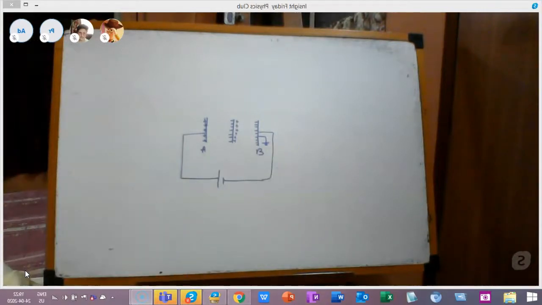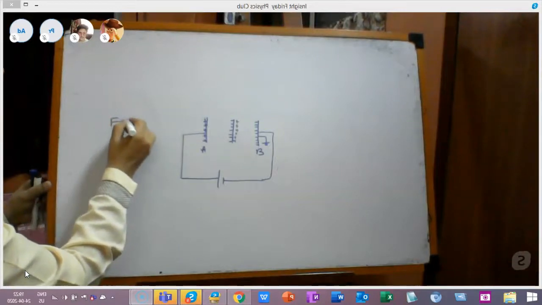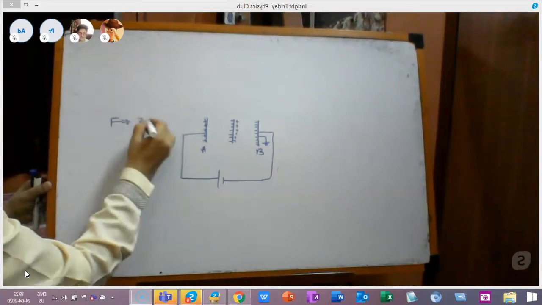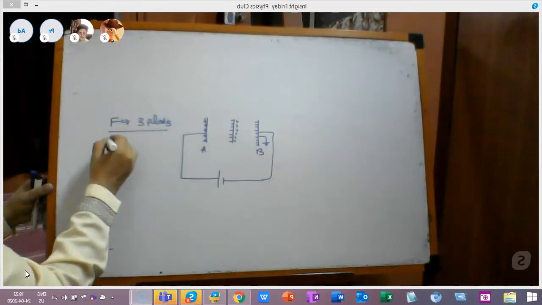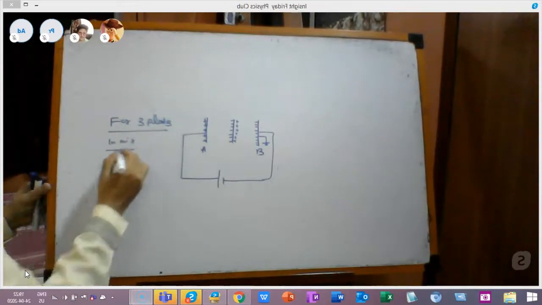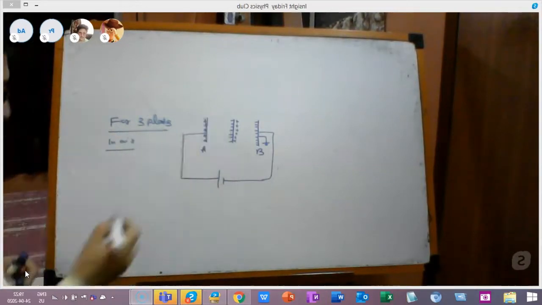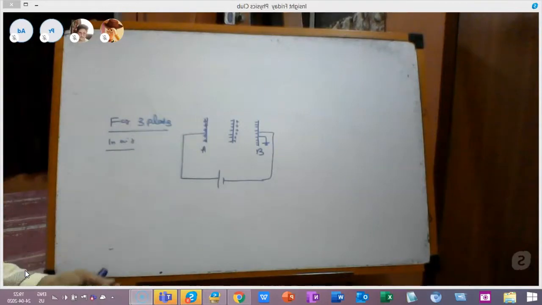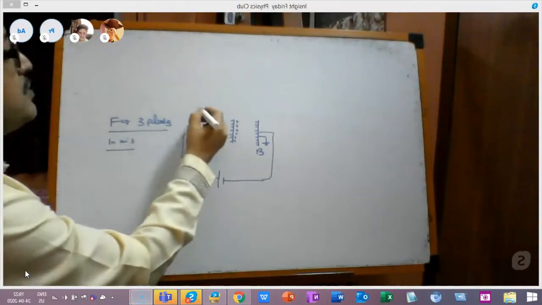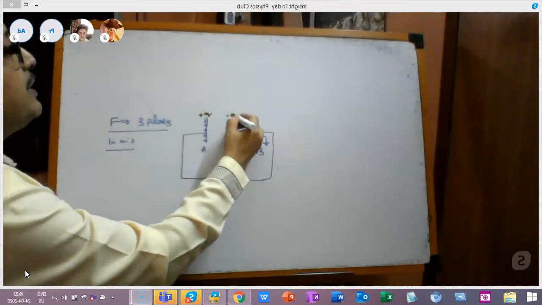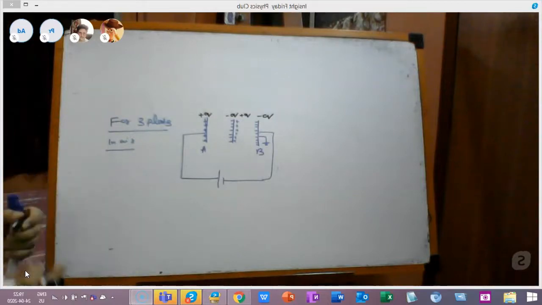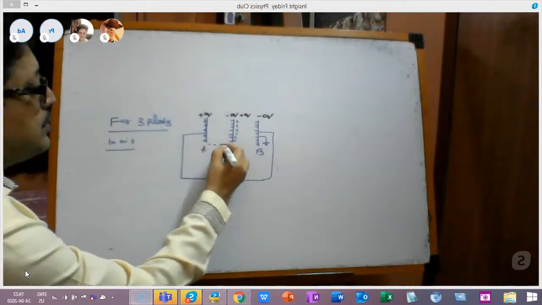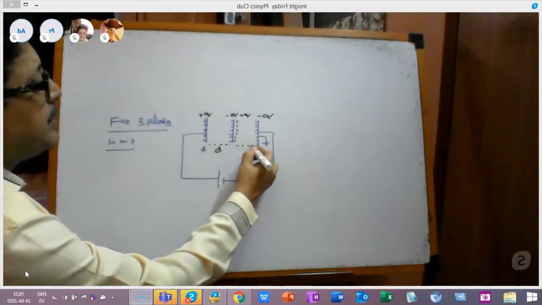Okay. Now how many capacitors are formed for 3 plates in air? If the first one obtains a charge Q, then this will be plus Q, this will be minus Q, this is plus Q, this is again minus Q. The distance between 2 consecutive plates will remain D only.